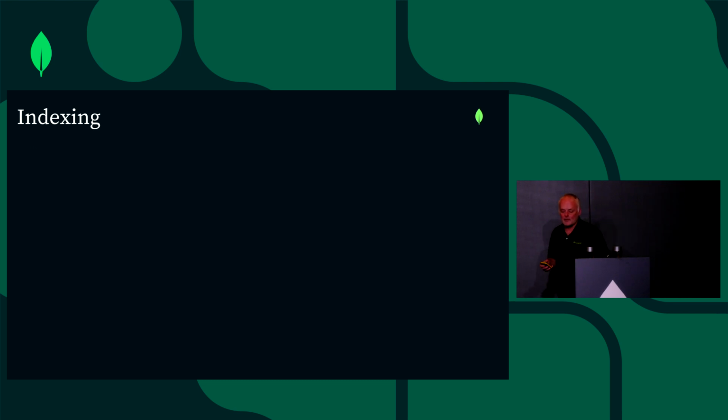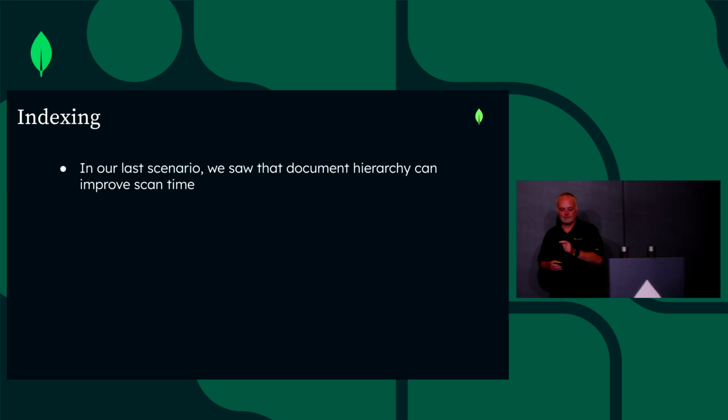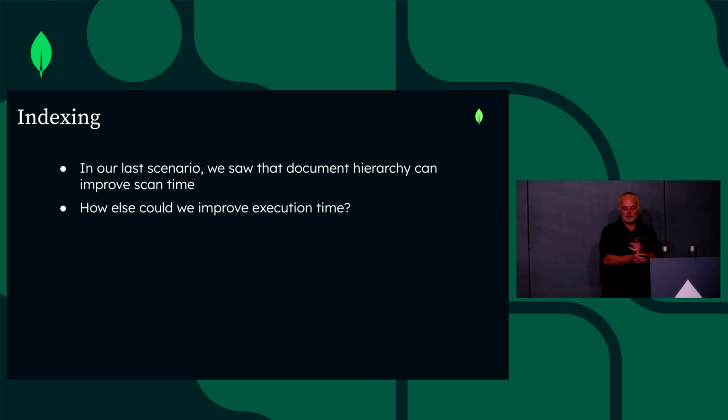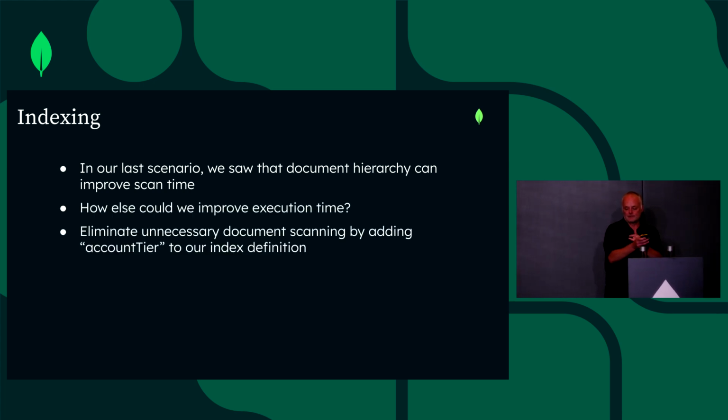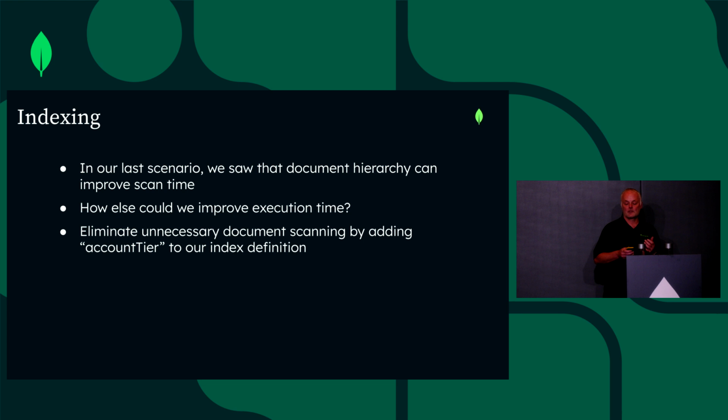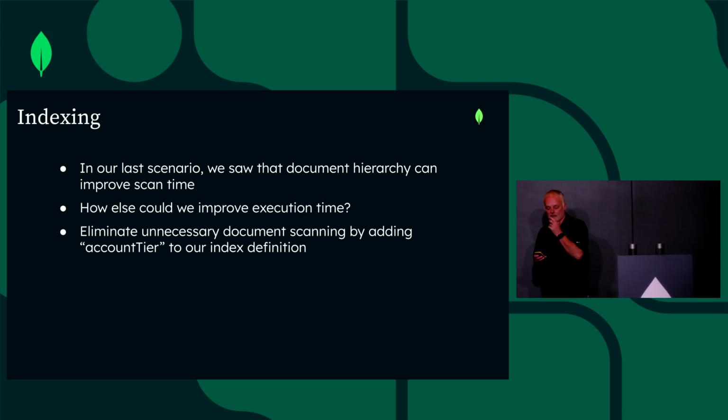So what could we do to fix that? We've seen that hierarchy improves it. How else can we improve it? Get rid of unnecessary document scanning by adding account tier to our index definition. This is simple stuff for anyone who went to Asia's session.